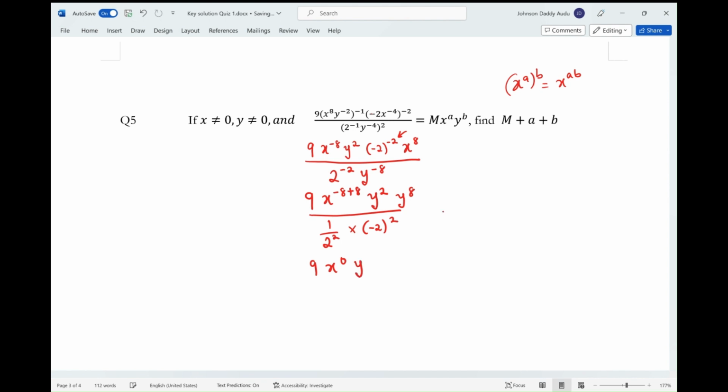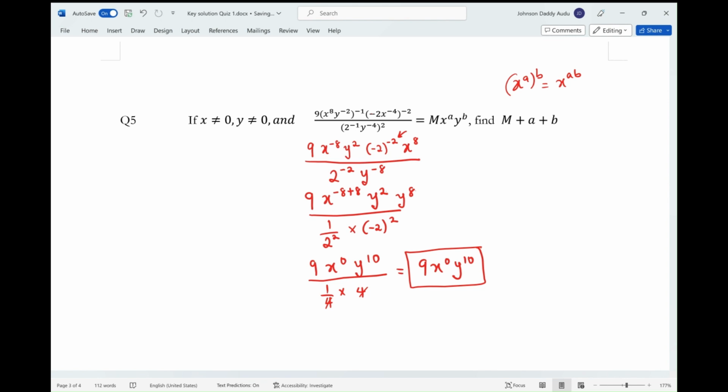This will become y to power 10, because you have 2 plus 8, over 1 over 4 times 4, because you have minus 2 to power 2. And this is simply 9x to power 0, y to power 10. 1 over 4 times 1 over 4 is going to be 1. So this is just the answer.